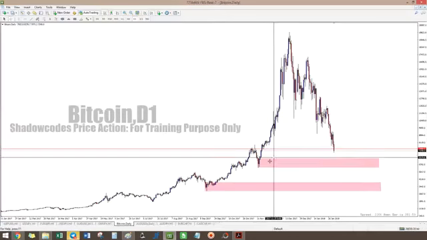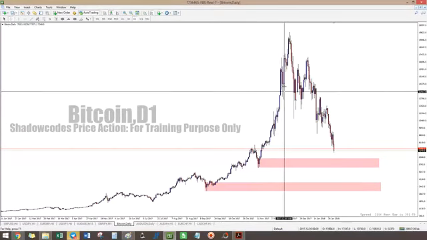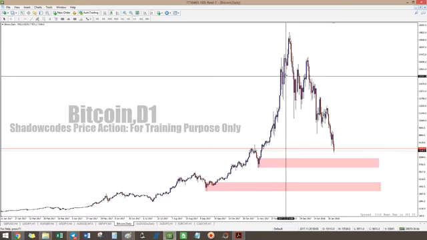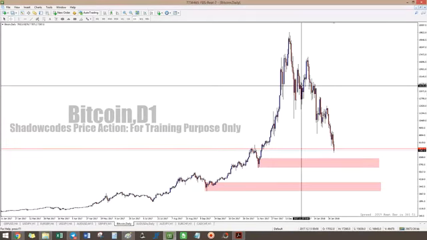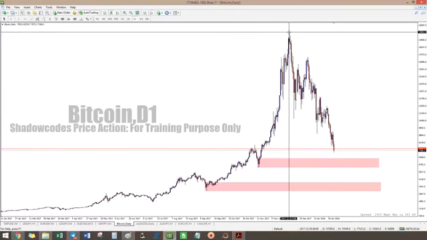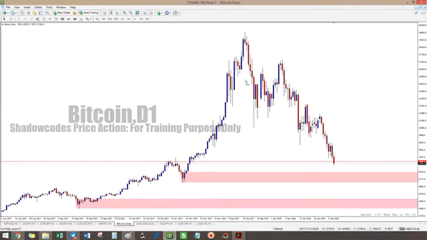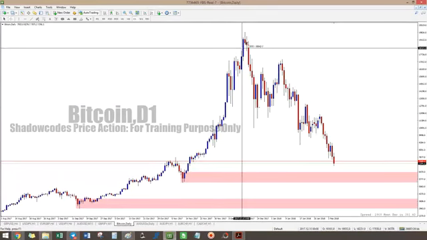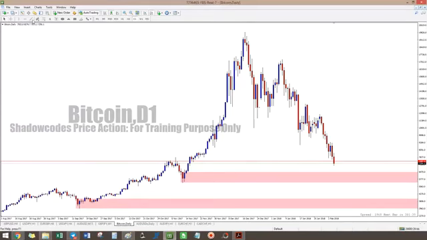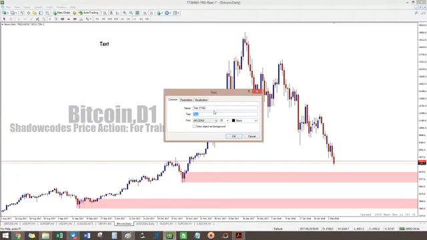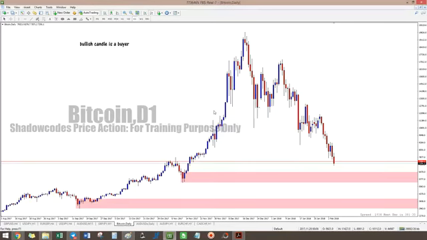So why do we not buy during an uptrend? Look at what happened to the people buying Bitcoin. They are losing money. This chart has a message. This blue candle, the bullish candle, is a buyer. Who is the one buying here?